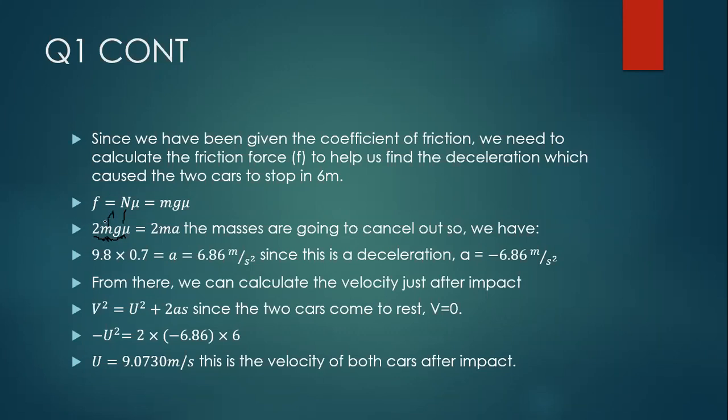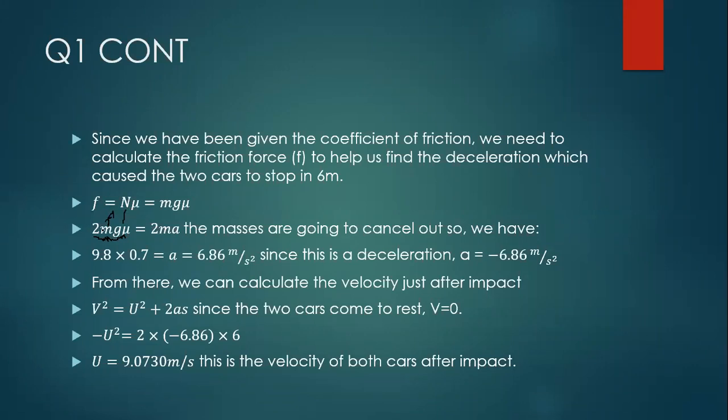This is friction force, and this is mass times acceleration. The reason why we're putting 2 is because there are two masses with the same acceleration. We have determined that the friction force will be normal times mu.